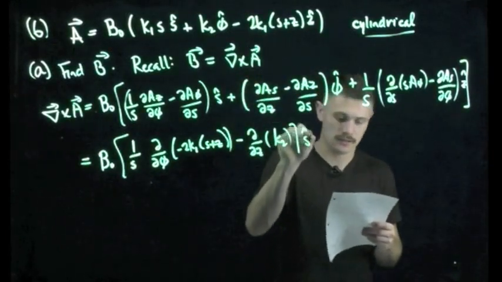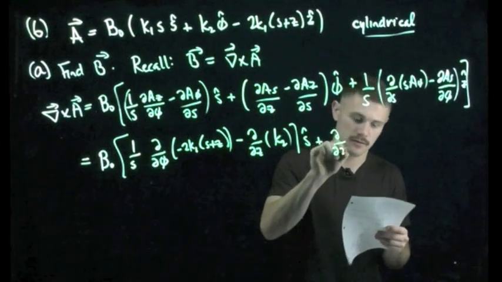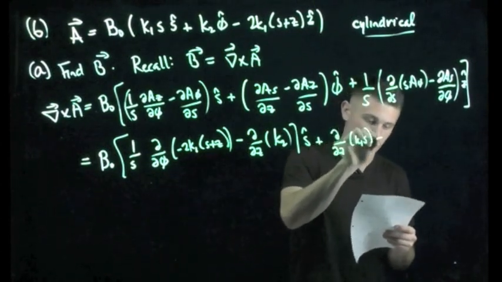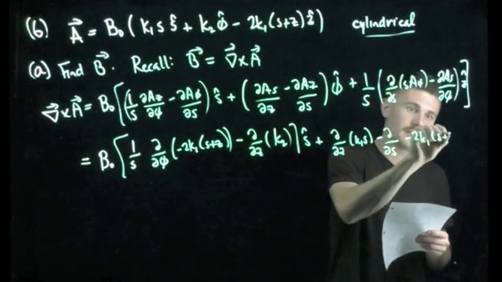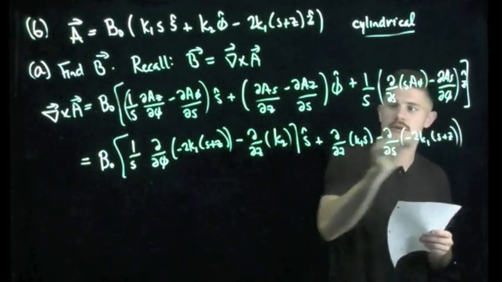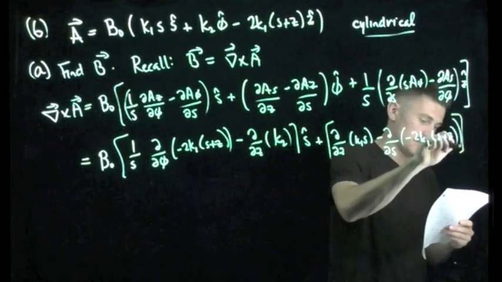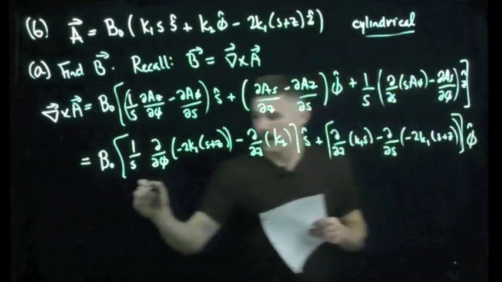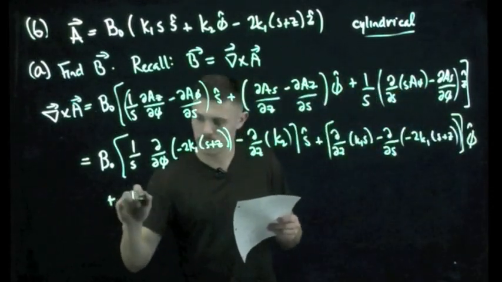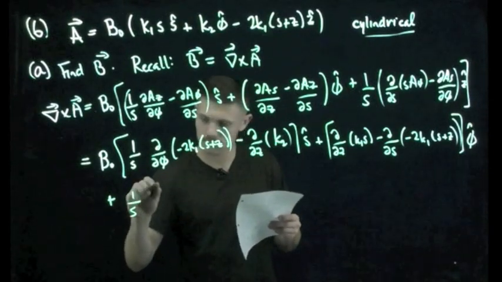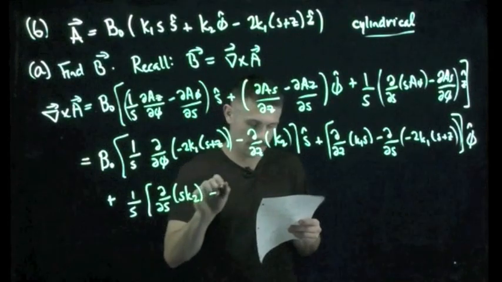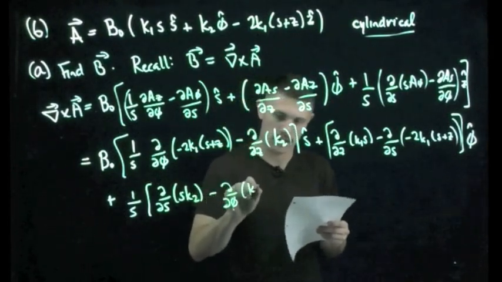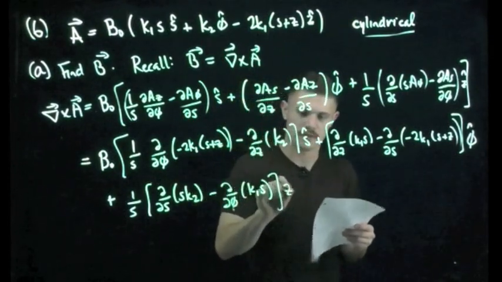This is an S hat, and then plus d by dz K1 S minus d by ds negative 2K1 S plus Z, and brackets around here. And this is all in the phi hat direction. And then finally we add 1 over S d by ds of S K2 minus d by d phi of K1 S, and that's all in the Z hat.